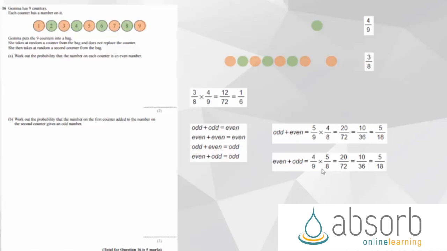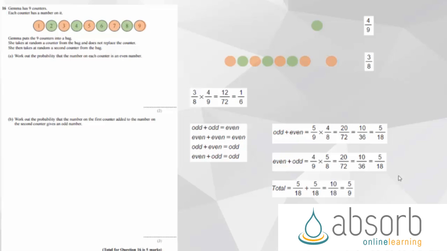And again, multiplying these 2 together, we end up with exactly the same probability as before, which is 5 out of 18. We then have to add these 2 probabilities together in order to find what the total probability is of all the different ways that we can get this working out, and it works out as a final probability of 5 out of 9.